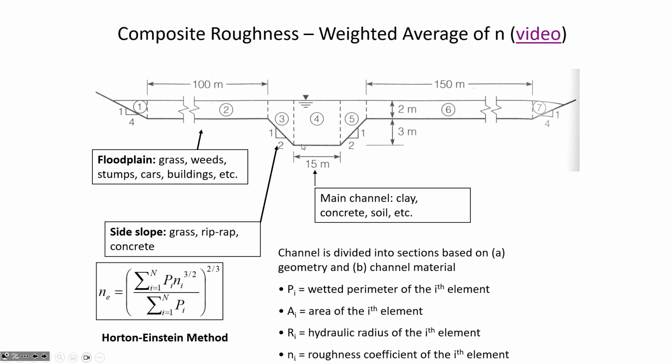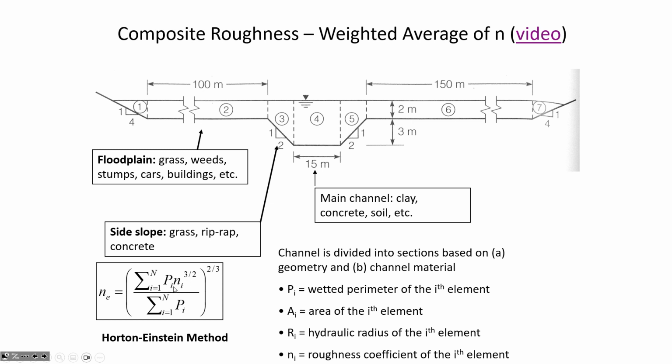So likewise, for each one of these numbered elements, what you'd do is find its corresponding n value. You would determine the wetted perimeter, in other words, the distance associated with that. And then the way you average is you'd multiply the wetted perimeter by the n value and add together all of the elements. And then the denominator, you would add together all of the lengths.